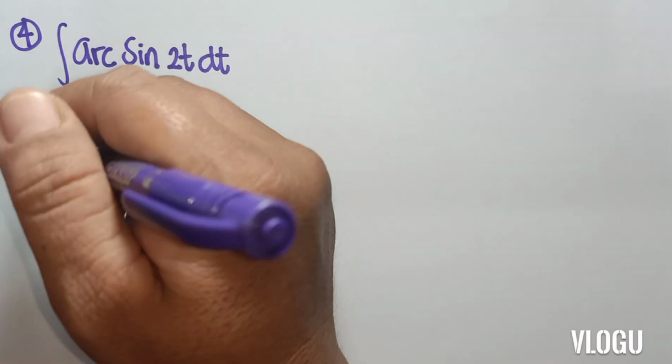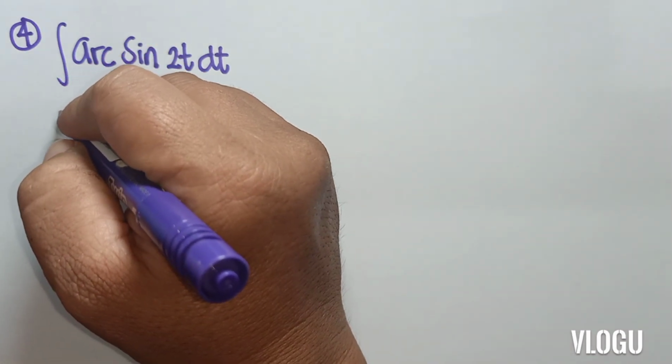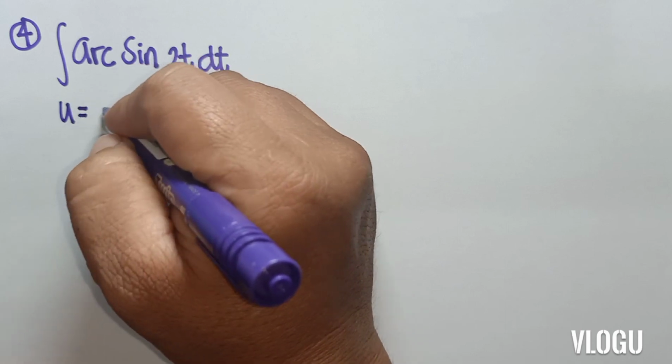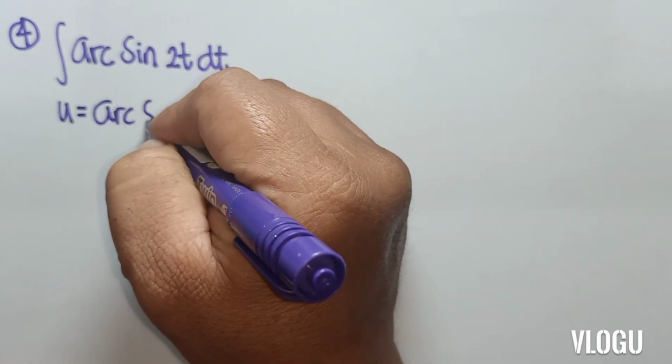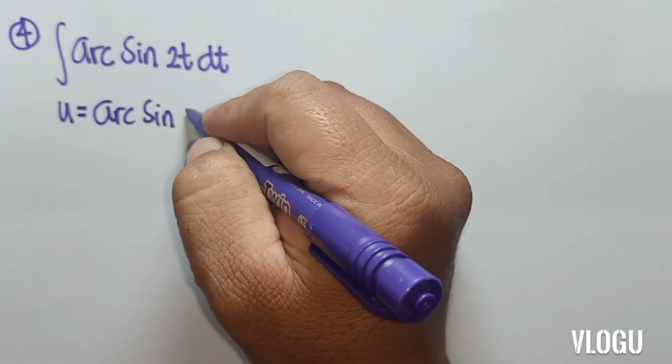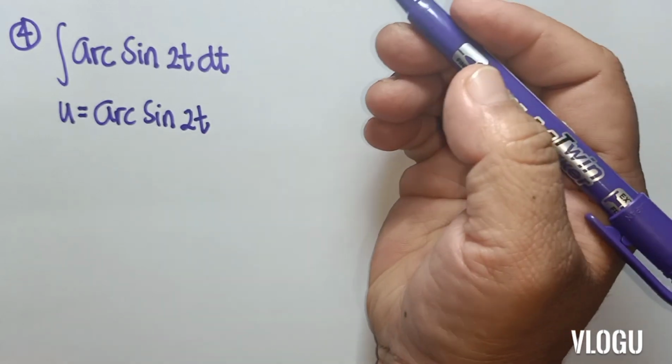The next example, we have the integral of arc sine 2t dt. Our u is equal to arc sine 2t.